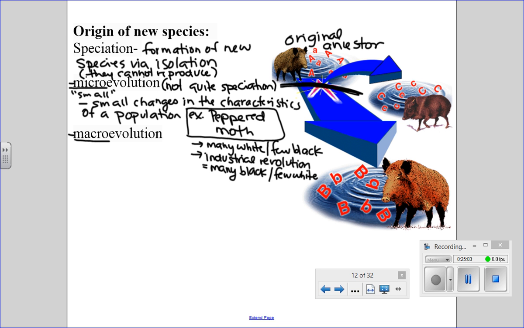Macroevolution, macro means big. This takes time, lots and lots and lots of time, and this is where we would have speciation.